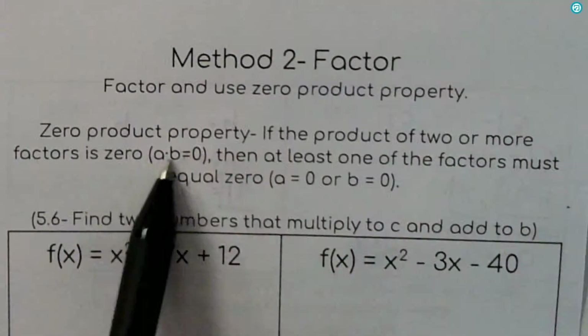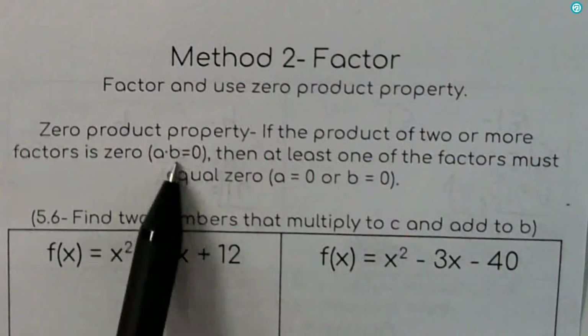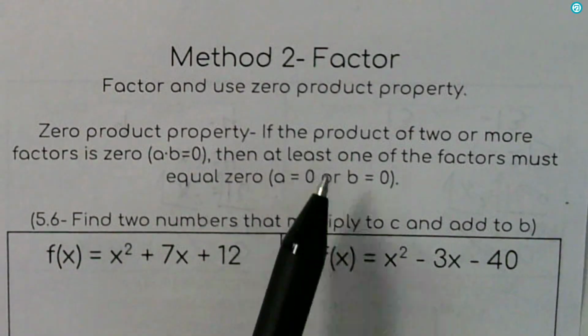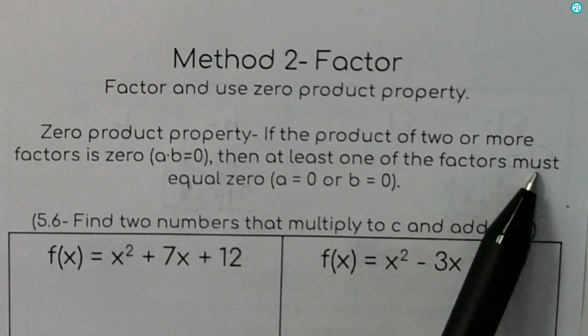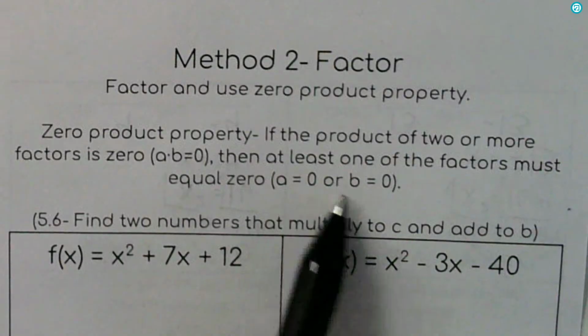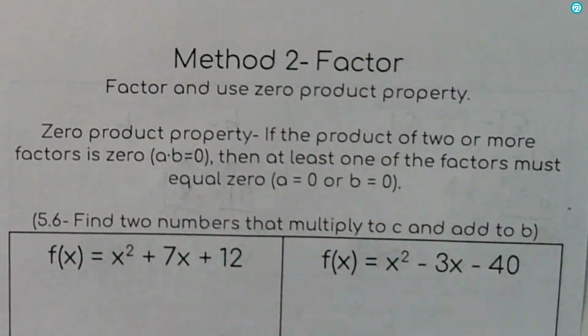So let's say we have two things, A and B. So if A times B is 0, then at least one of those things, one of those factors must equal 0. So either A has to equal 0 or B has to equal 0. So if we can factor it out and make it a multiplication problem, then we can set each piece of our multiplication problem equal to 0 and find our zeros from there.